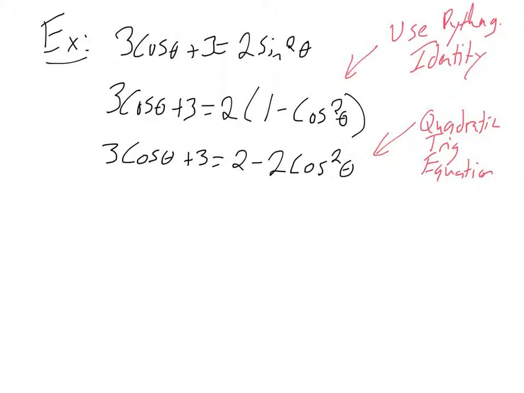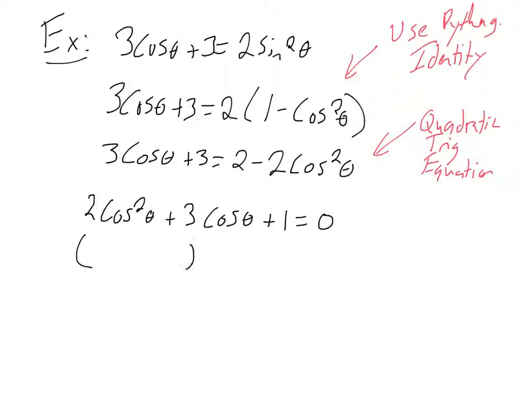Okay, let's go ahead and finish this one up. Let's get it all on one side, just like we normally do with the quadratic. We get 2 cosine squared theta plus 3 cosine theta plus 1 equals 0, right?